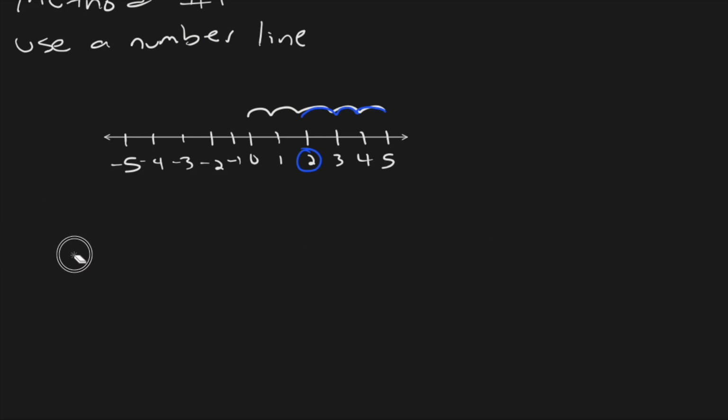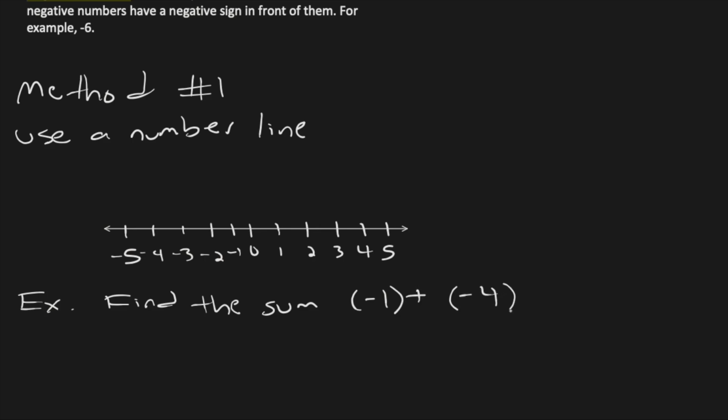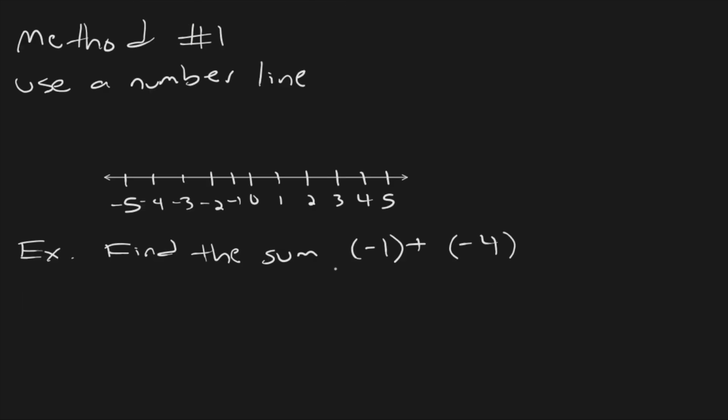Let's try another example. Find the sum negative 1 plus negative 4. Begin at 0. Since negative 1 is a negative number, move 1 unit to the left.